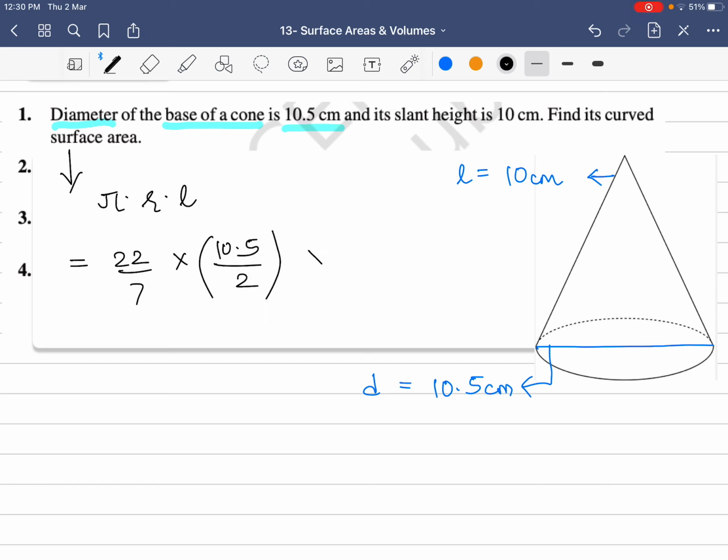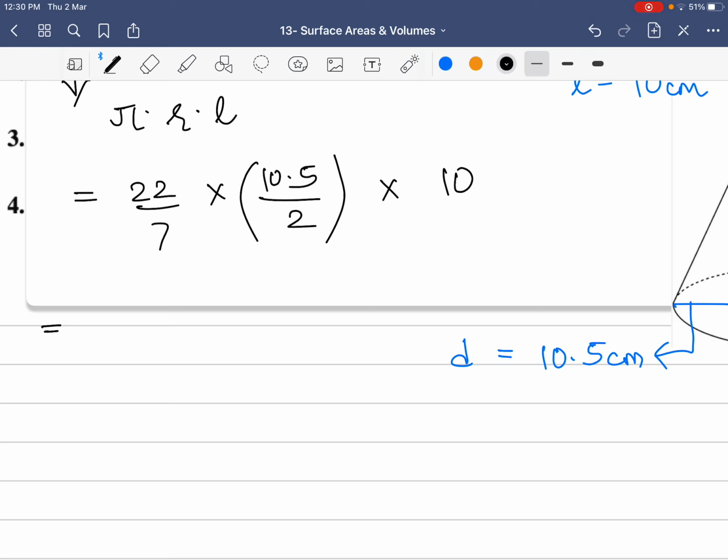Now let's focus on this. That's equal to, so 10.5, 7, yes, 10.5 is divisible by 7. So let's do that division, and 22 is divisible by 2. So I'm going to mark here 11 into, how did 11 come into picture? Okay, I did this 2 and 11.